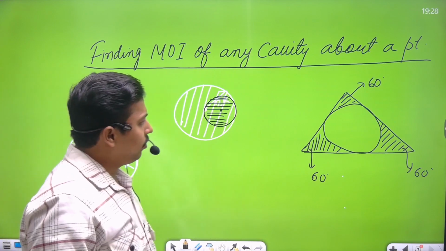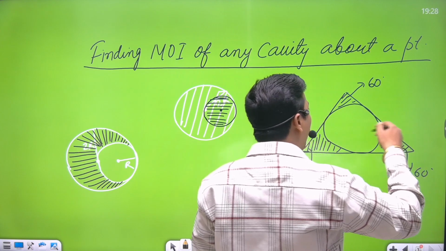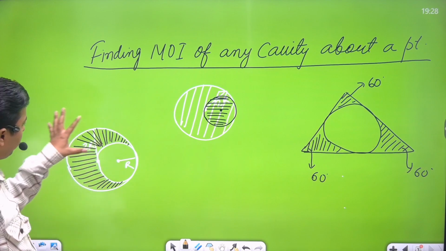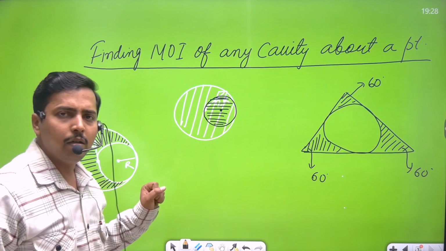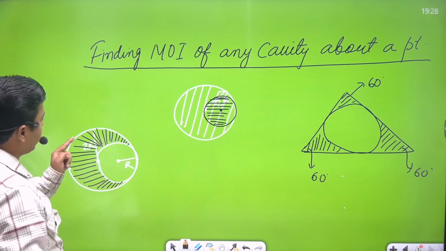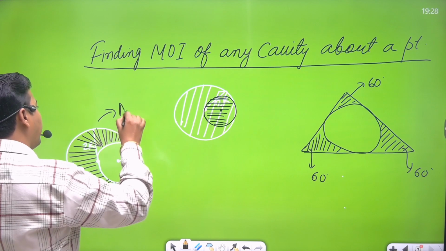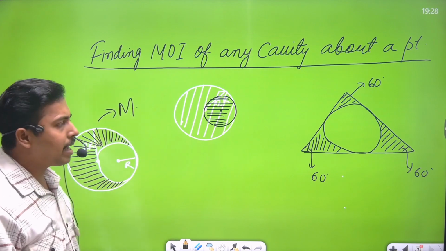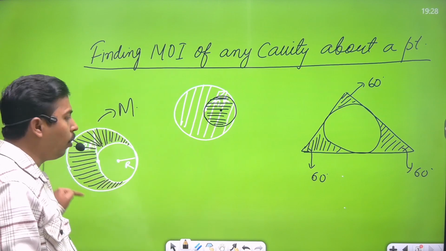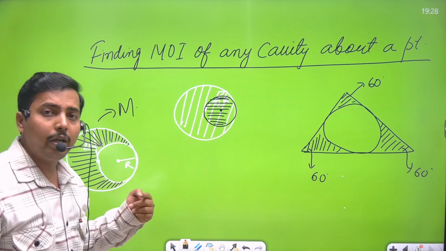Some dimensions would be given, like the mass of the whole triangle. Generally the mass of the whole body is given. Like what? The mass of the 2r radius disk is given, and that is given to be capital M. Capital M is not the mass of the cavity, rather capital M is the mass of the whole body in which the cavity was not made yet.